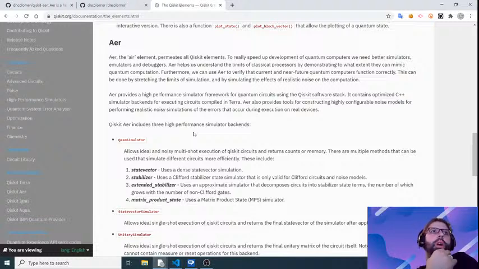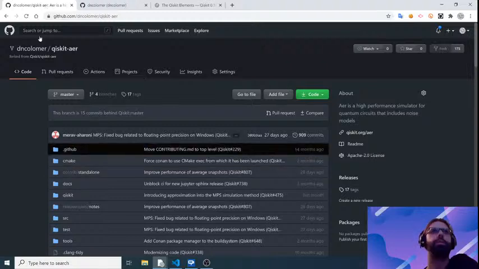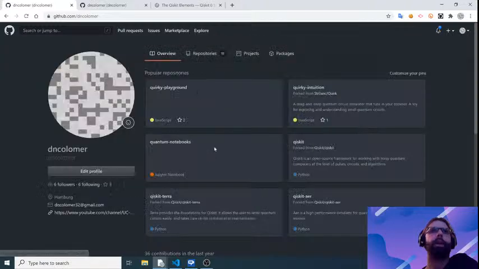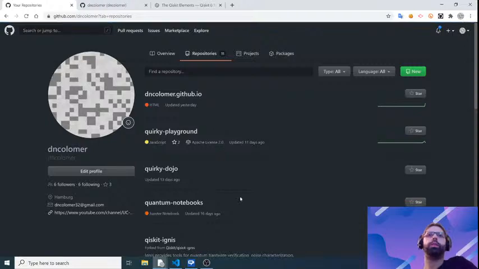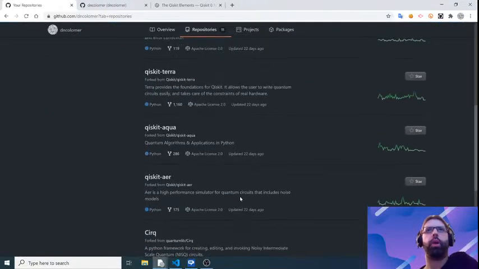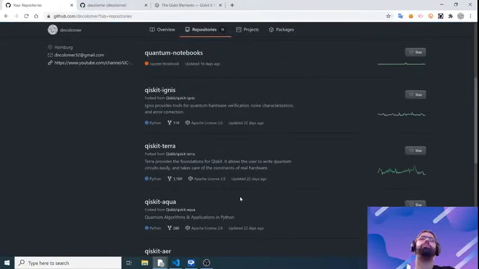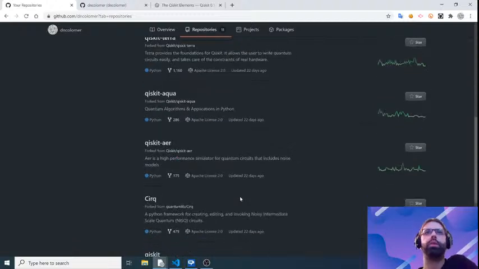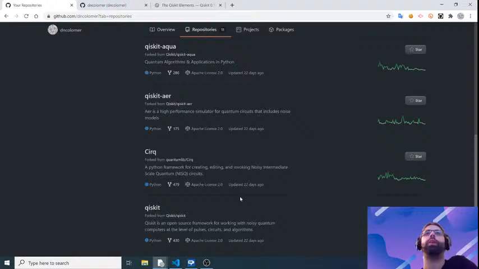Or if there are any parts of Qiskit that you'd like me to take a look at that you think are cool, then we can also jump into those. I forked the four things, so Aqua, Terra, maybe who knows? Maybe I'm going to even end up doing some kind of contribution to these later in the series, because I'm really planning to do a set of live streams on these.